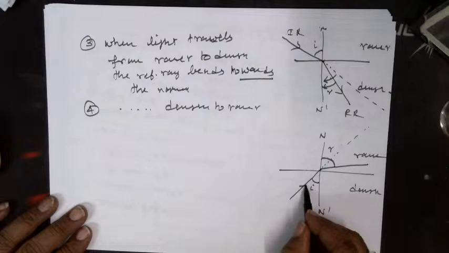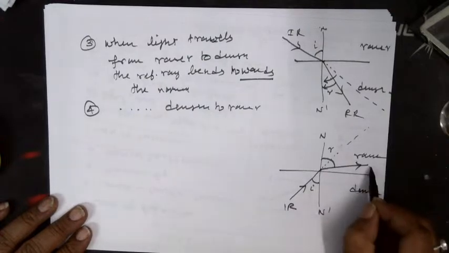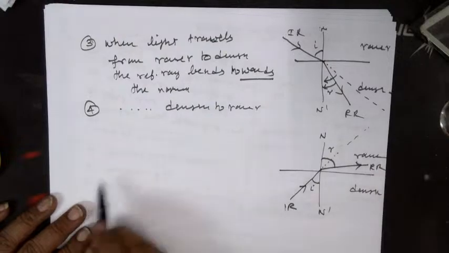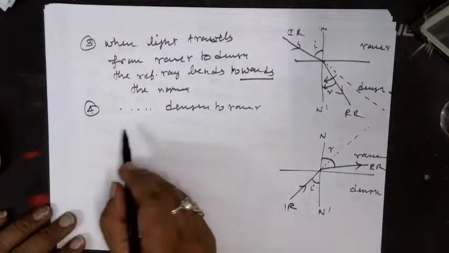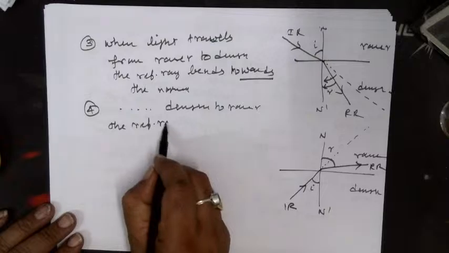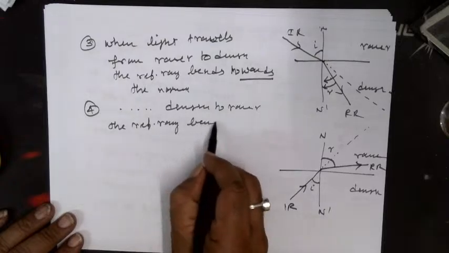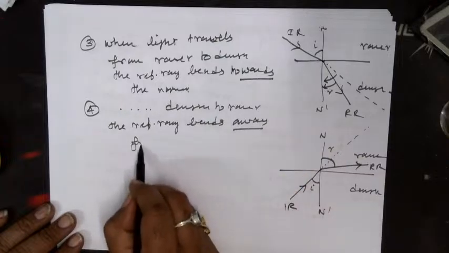So this is the incident ray. This is the refracted ray. Are you able to follow this? So it bends away from the normal. Okay. Denser to rarer, the refracted ray bends away from the normal. Is it clear?